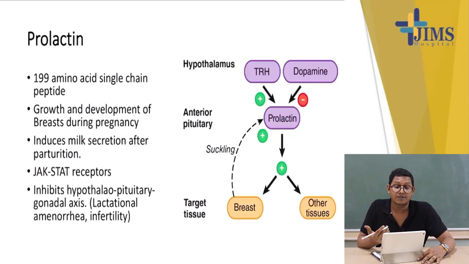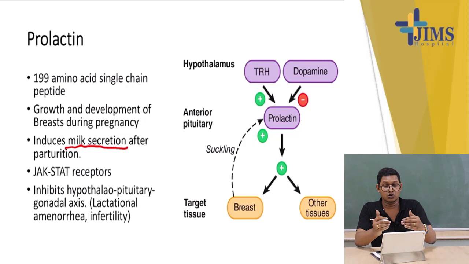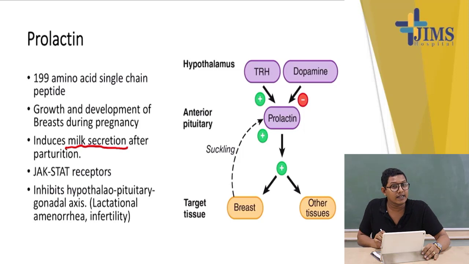But after parturition, it induces milk secretion when the level of estrogen and progesterone comes down. So after parturition, as the levels of estrogen and progesterone come down, their inhibitory response is no more, and prolactin leads to milk secretion. Just like growth hormone, it also acts through JAK-STAT receptors.